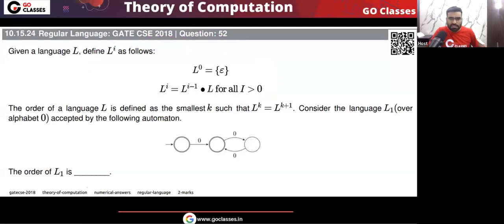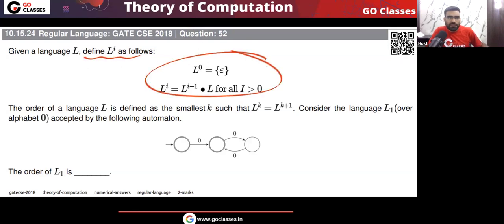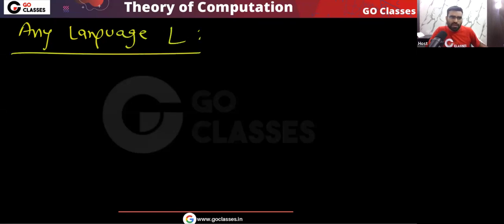That is the standard definition. Okay, yes or no? There is nothing else here, because from the basic concepts you already know that for any language L, L power 0 is always the set containing the empty string.